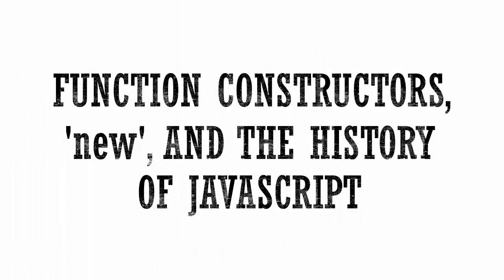First, our first way of building objects, and we need to understand why they work the way they do. This is function constructors, new, and the history of JavaScript. Now, we're not going to get too deep into a history lesson, but here's what you need to know. JavaScript was built by a guy named Brendan Eich, back at a time when, much like today, there were technology wars between Google and Apple.